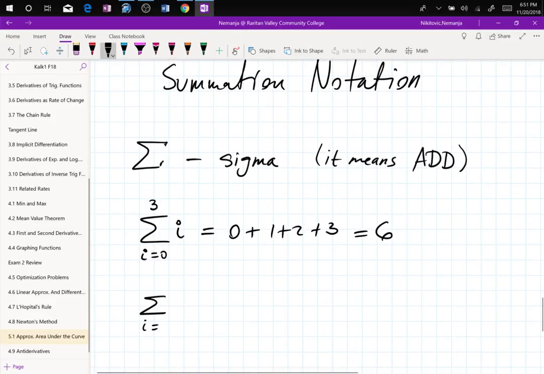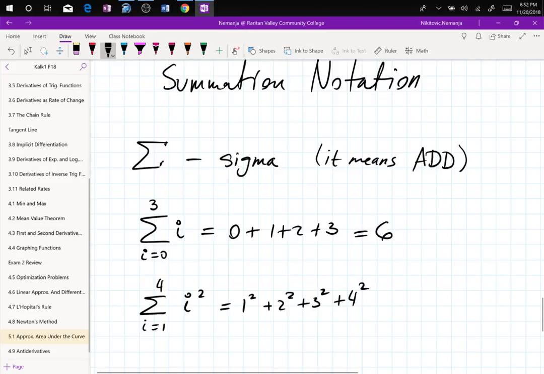Summation i starts at 1, ends at 4 of i squared. Okay. That's just going to be 1 squared plus 2 squared plus 3 squared plus 4 squared. You see that variable i is taking on the values from the counter.